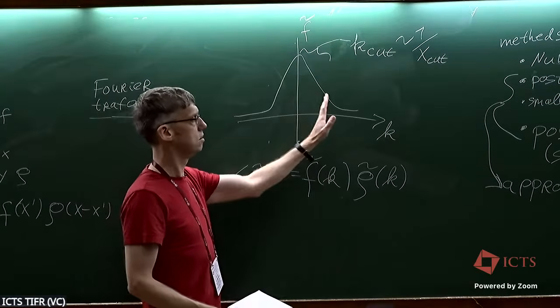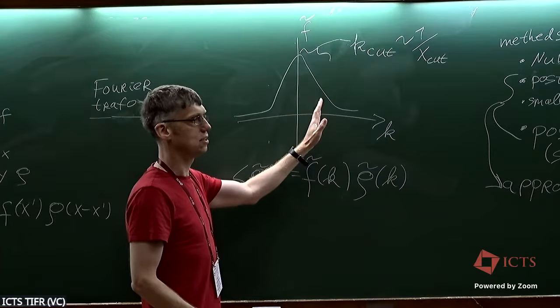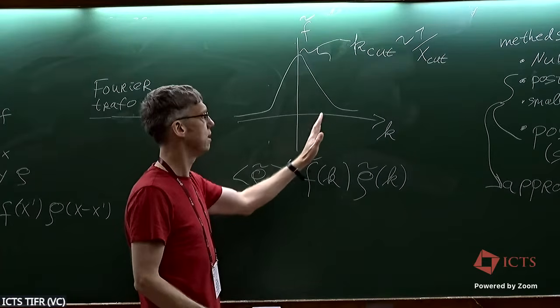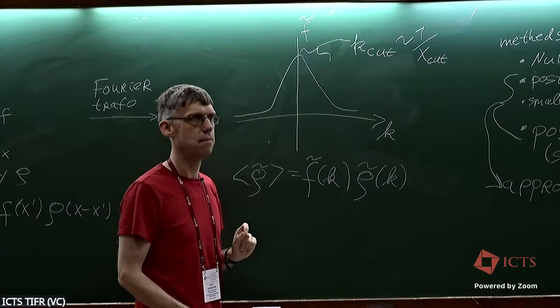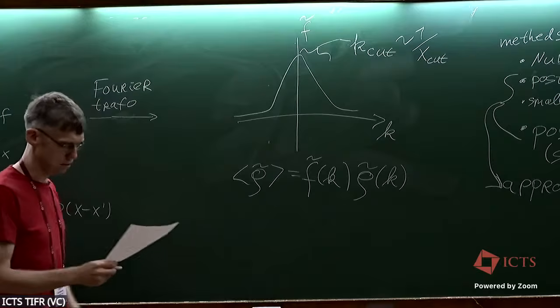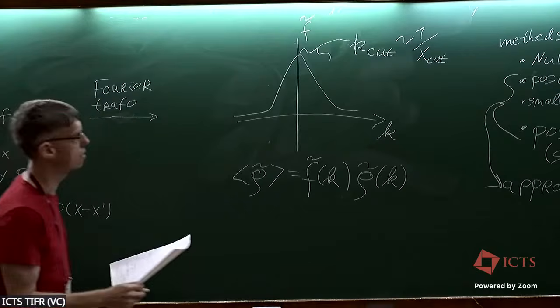You let the small wave vectors, or large scales, through, and you filter out the small scales. So that's how the averaging looks in the Fourier domain.